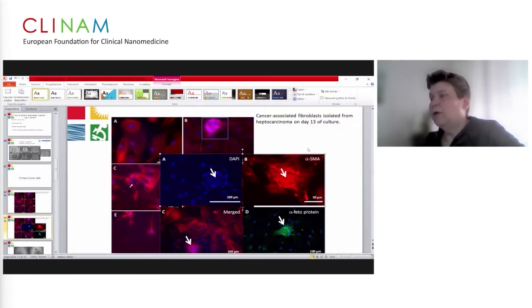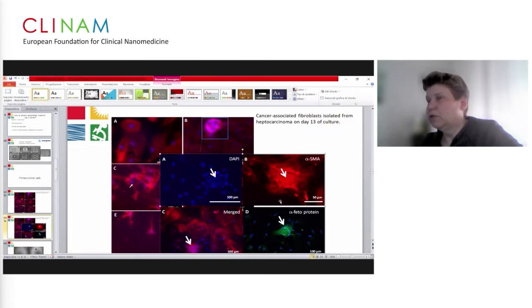When we go for alpha-SMA, this is a hepatocarcinoma, and what we see is that this underlying 2D layer is red for alpha-SMA, meaning that these are cancer-associated fibroblasts. We see a layer of cancer-associated fibroblasts surrounding the microtumor, but the microtumor itself is positive in this case for alpha-fetoprotein, so it's made from tumor cells, as expected.